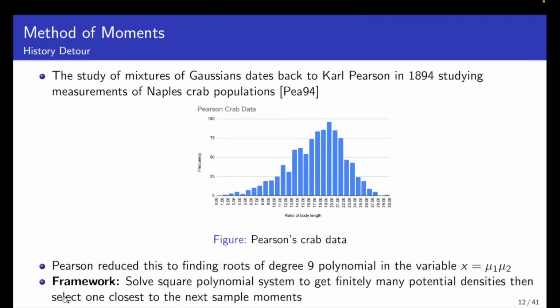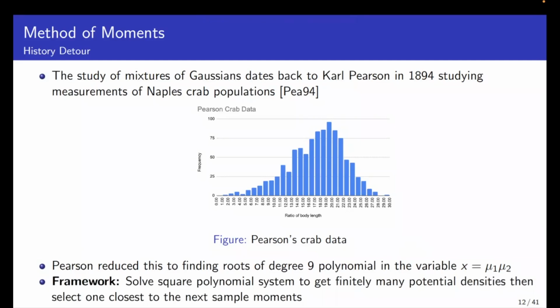But there are quite a few details that need to be addressed, right? For instance, the first statement: solve the square polynomial system to get finitely many potential densities. If we've taken any algebraic geometry, or even linear algebra, we know that just because you have a square system of equations, that doesn't mean you have a 0-dimensional variety.